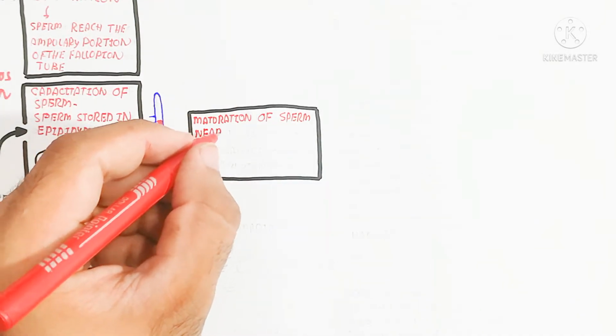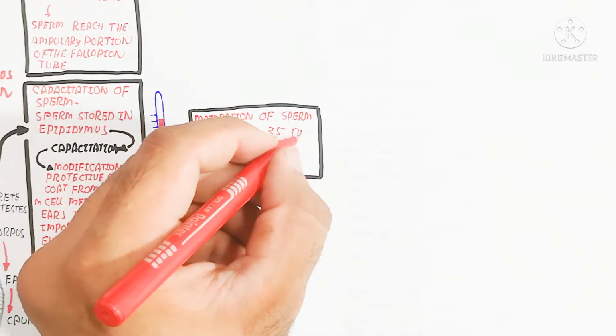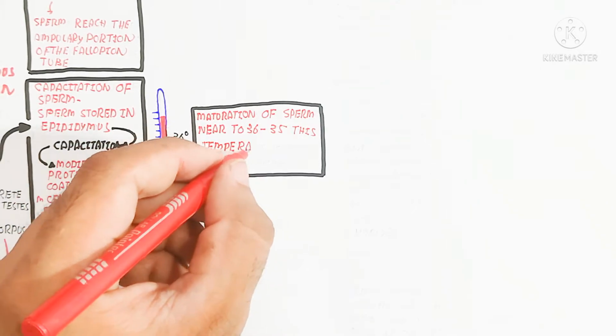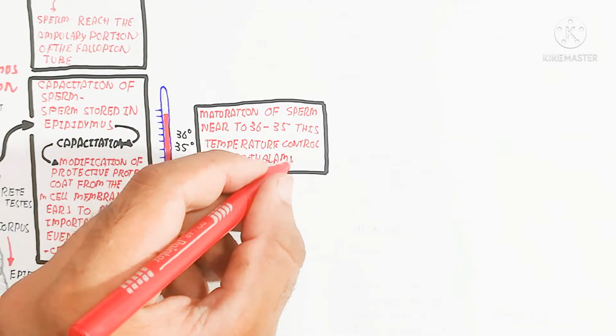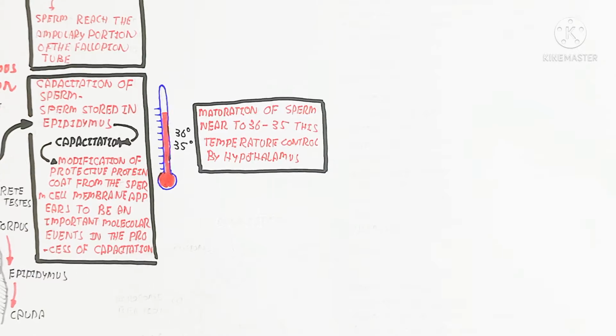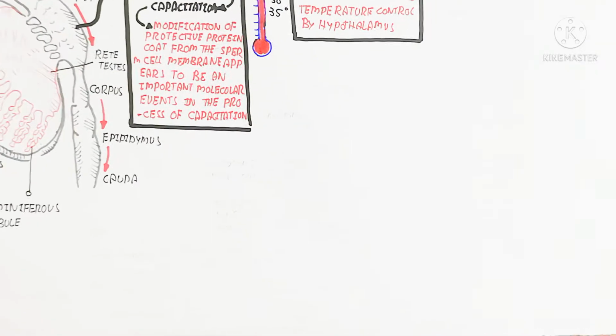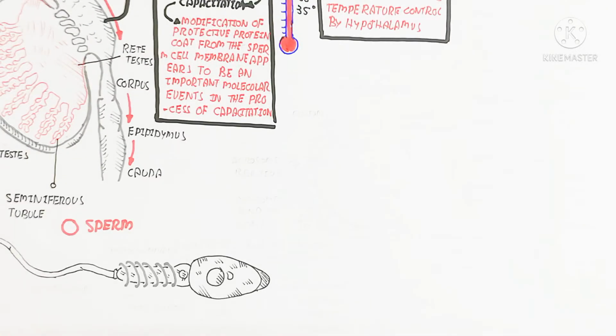Our body temperature is 37 and the maximum is 38, which can increase during fever, but the normal is 37. So the testis requires a temperature below our body temperature for the maturation of the sperm.